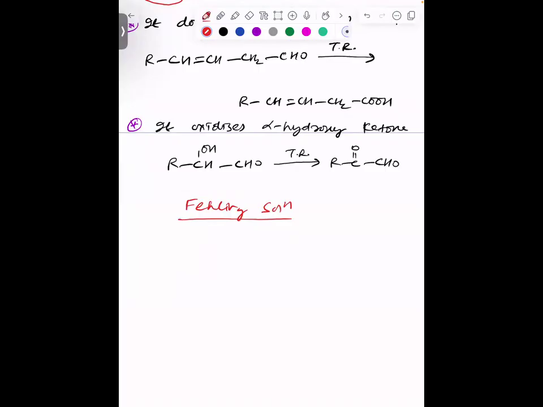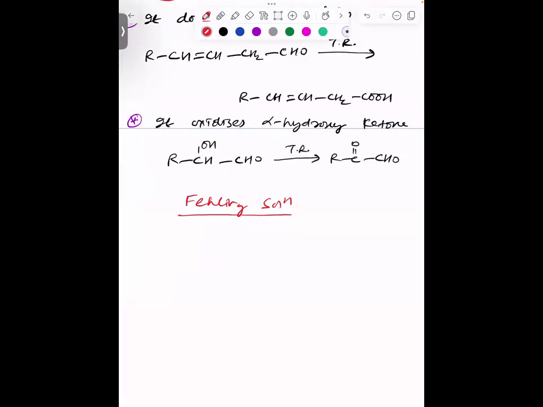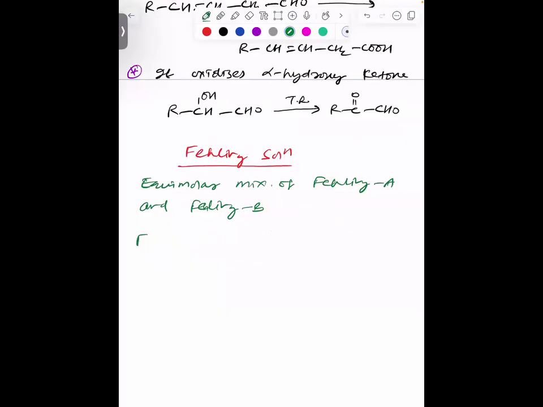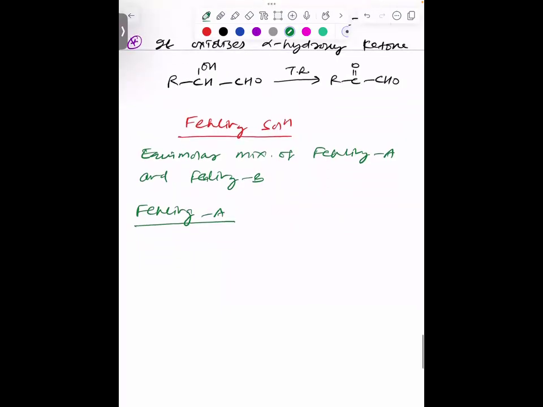Now Fehling solution is an equimolar mixture of Fehling A and Fehling B. What is Fehling A? Fehling A is aqueous copper sulfate.